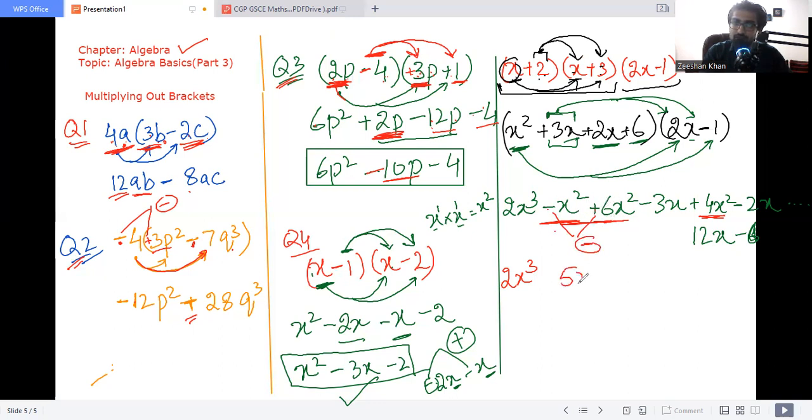So it is 5x squared, but we write the sign of the bigger, which is plus. Now we will add this with plus 4x squared. I will do the x terms in the next step.